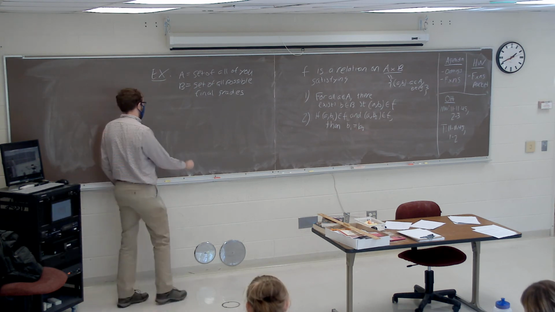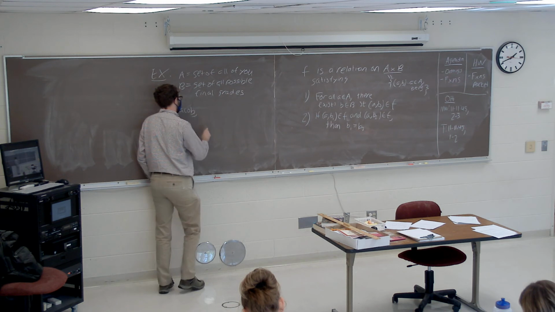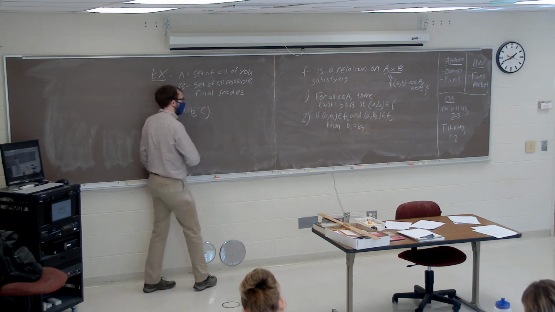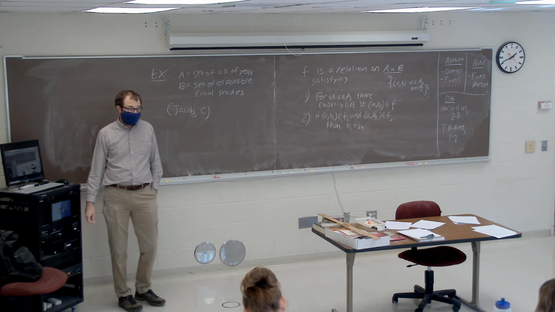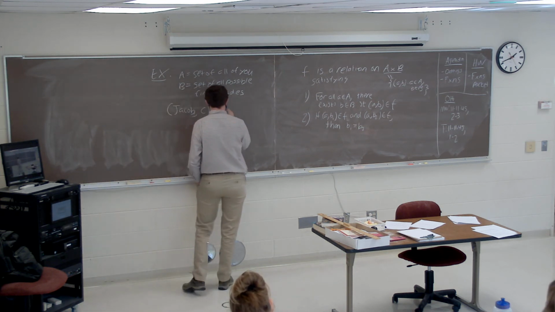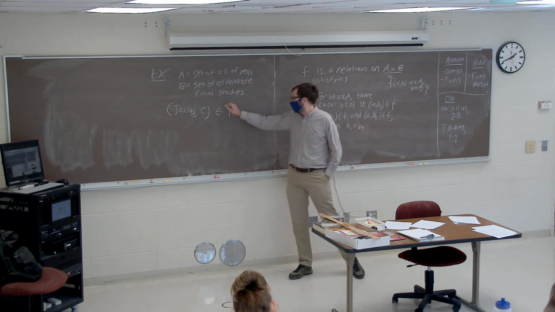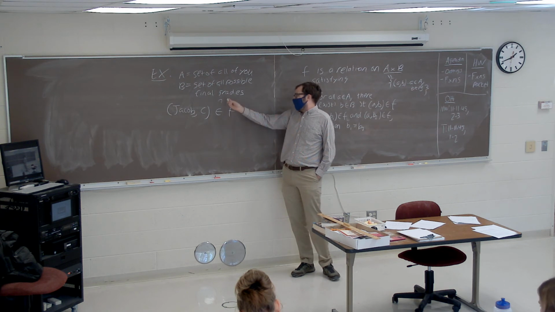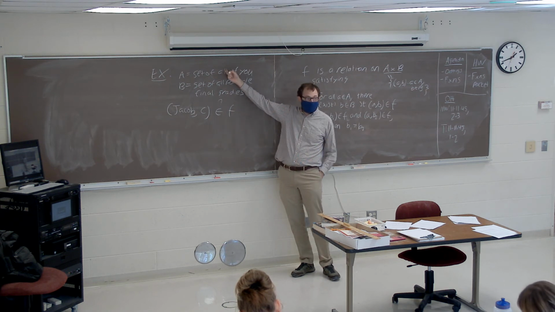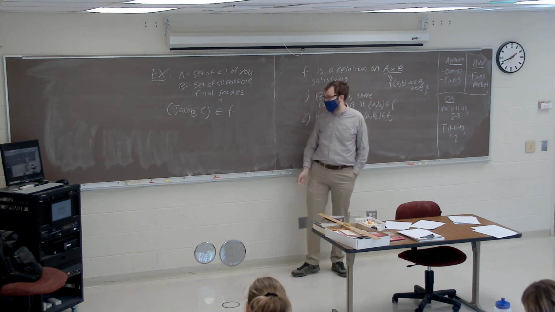Then we could say something like (Jacob, C) is an element in our relation. Basically, F is a subset of the Cartesian product of A and B, all possible combinations of students and grades.